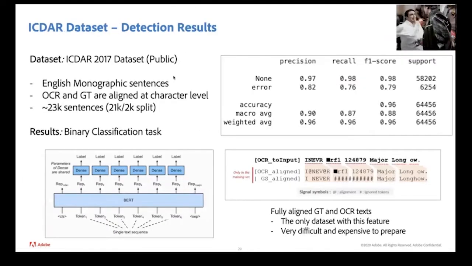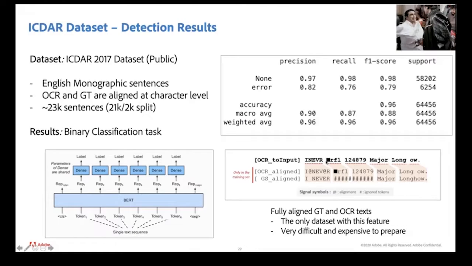We also evaluate on the ICDAR dataset. ICDAR is one of the public datasets which has aligned OCR and ground truth text, and the advantage of the ICDAR dataset is that it is a good example of how to frame this OCR and ground truth data.